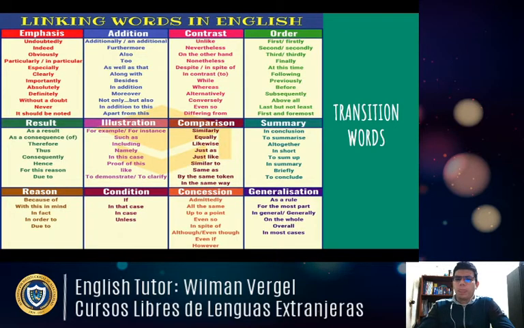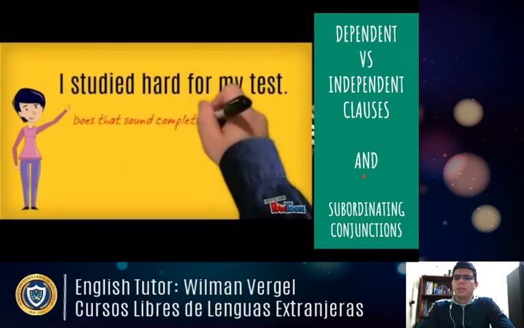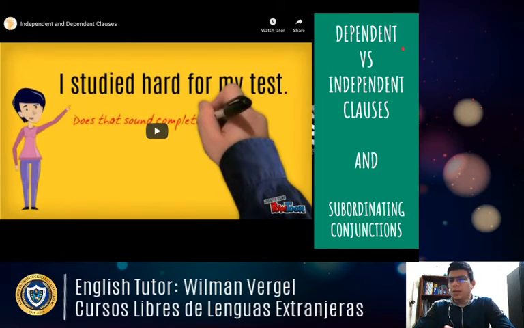Good. But now, sorry. We're going to see first of all what the difference is between a dependent and independent clause, and at the same time we're going to learn what subordinate conjunctions are.